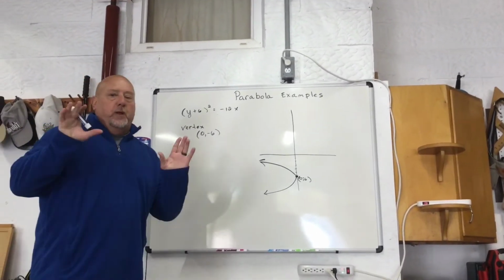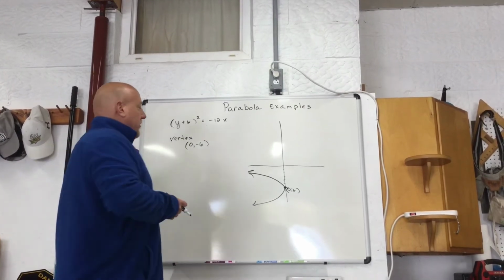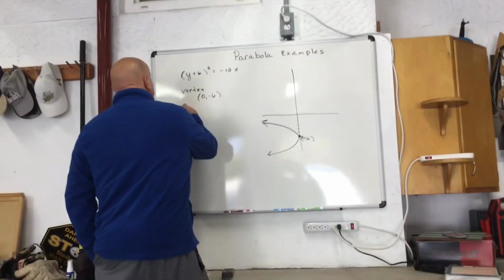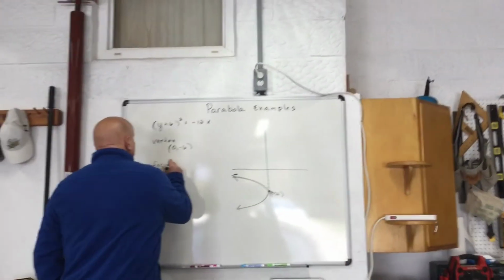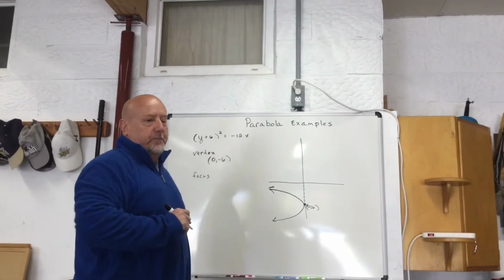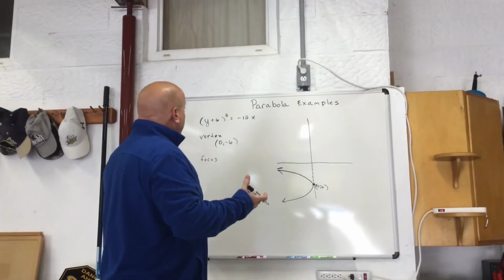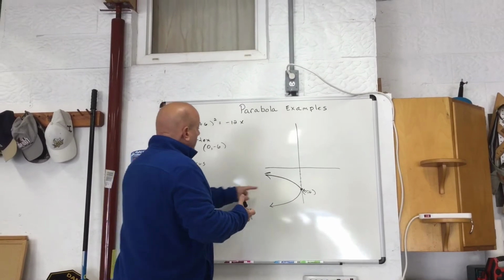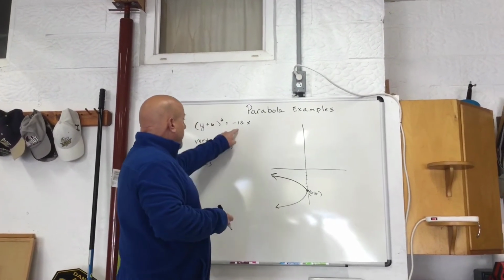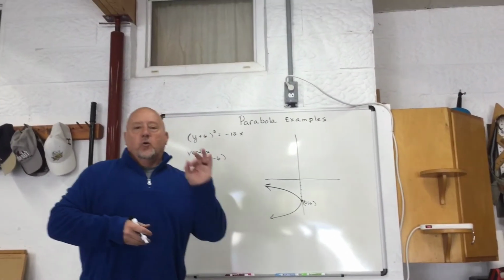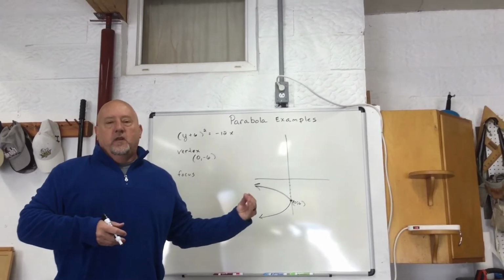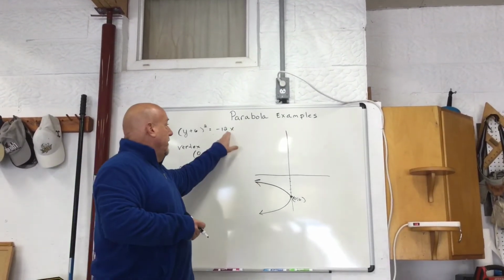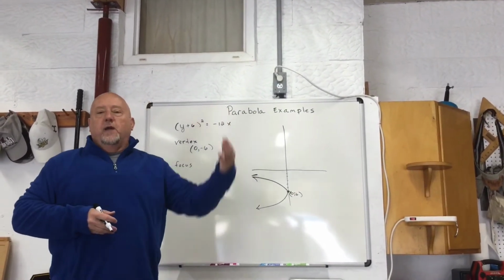Again, I'd like to place the focus and the directrix. The focus is a point p units from the vertex, inside of the parabola. So the parabola being concave this way, I'm going to have to move -3, or 3 units to the left. I always take this term and divide by 4 to find my p-value.